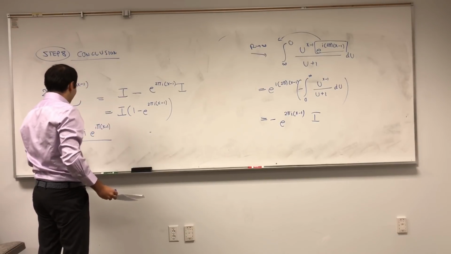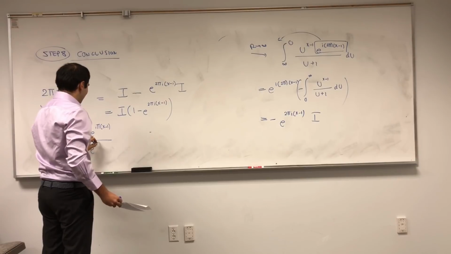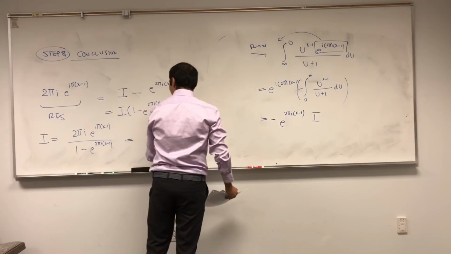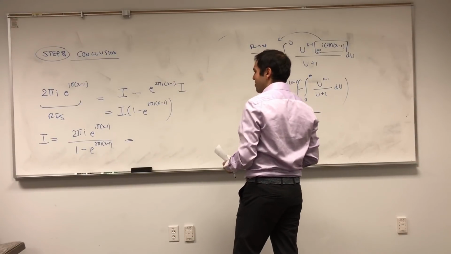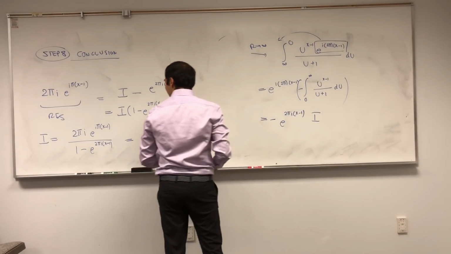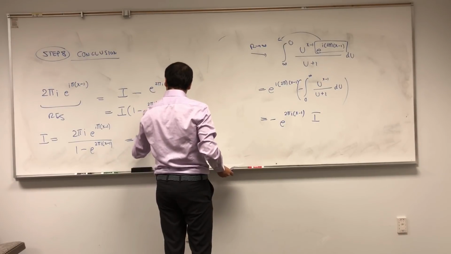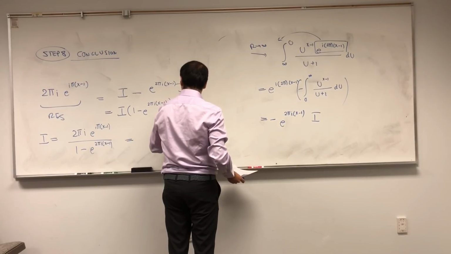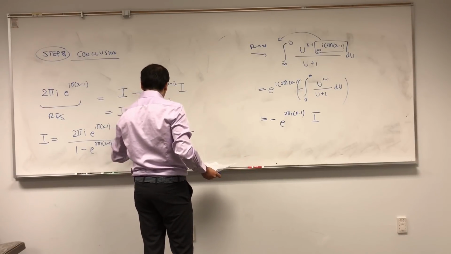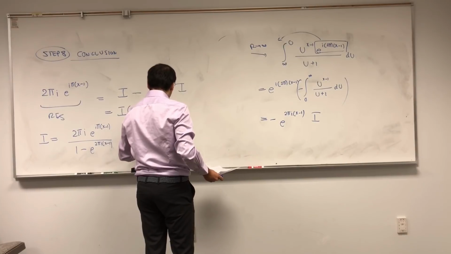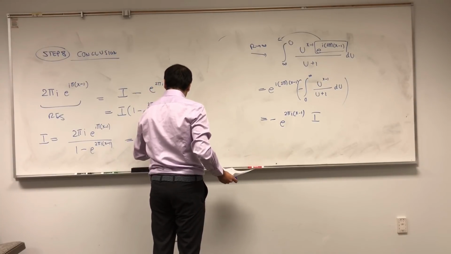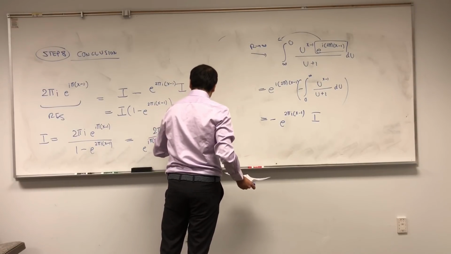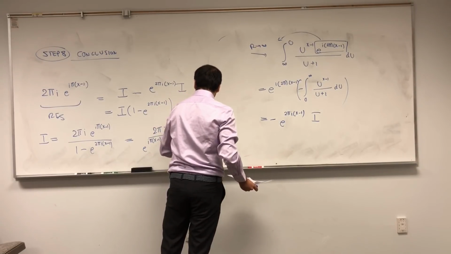Now I'm hungry for pi. Okay, over 1 minus e to the 2 pi i x minus 1. And then we can almost transform it to what we want. So here, let's factor out e to the i pi x from both sides. So e to the i pi x minus 1 times e to the minus i pi x minus 1 minus e to the i pi x minus 1.